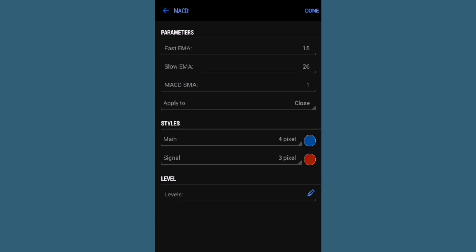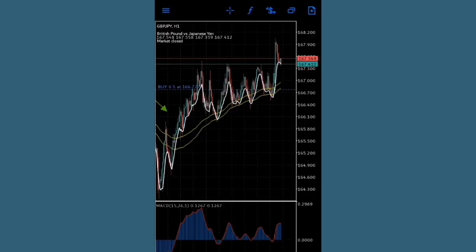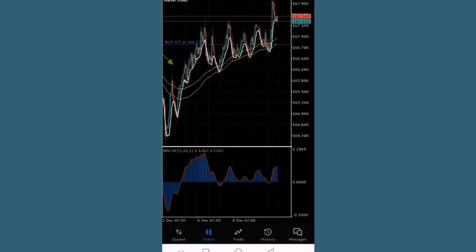For the slow, put 26. For the simple moving average, put 1. Apply to close, and then you put these settings on the style, colors of your choice that are going to be visible on your screen, and then that's it. You click done. There you have your indicator, and then you start trying it out on the demo.